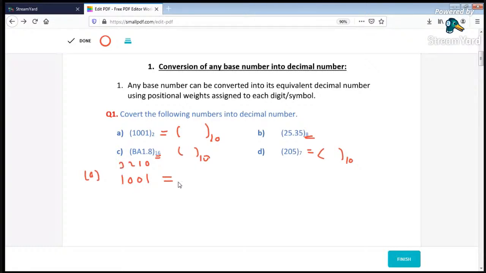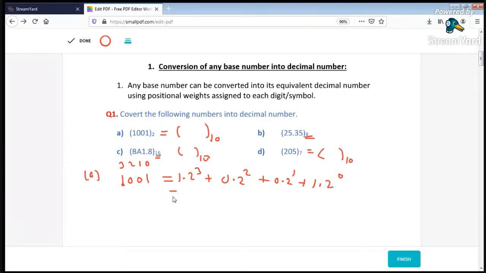So we can rewrite this expression as 1 into 2 to the power 3, plus 0 into 2 to the power 2, plus 0 into 2 to the power 1, and the last one is 1 into 2 to the power 0.